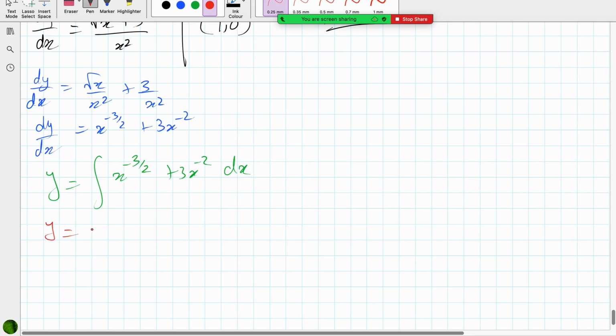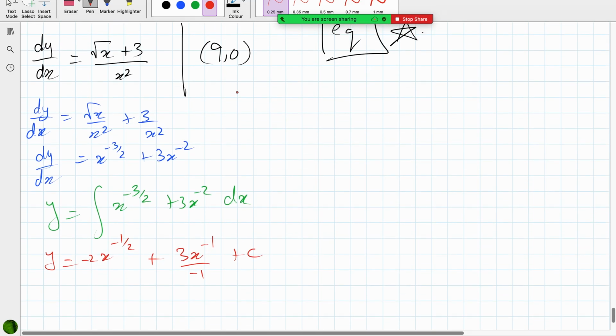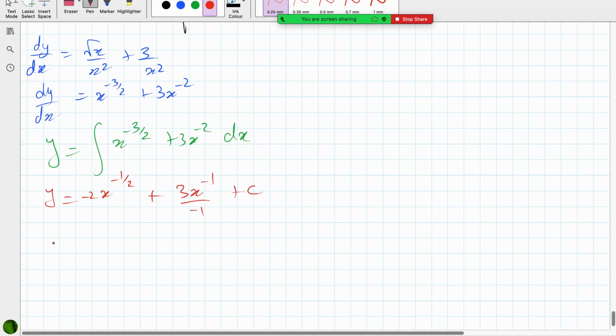So y is equal to power plus 1 divided by the new power, plus power plus 1 divided by new power, plus c, and it passes through (9, 0). y is 0, x is 9, plus c.